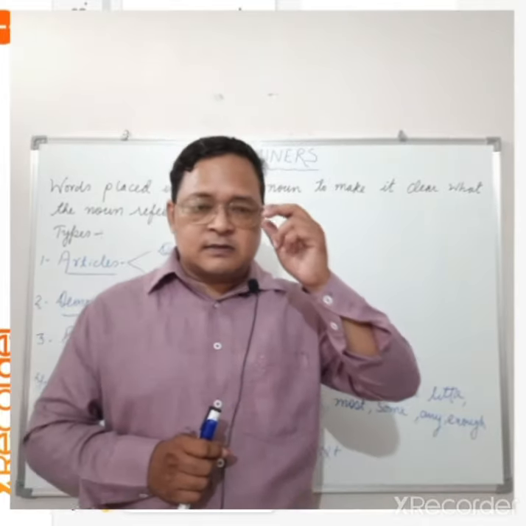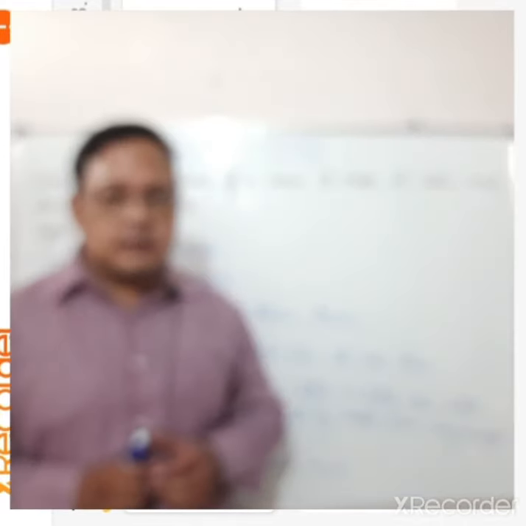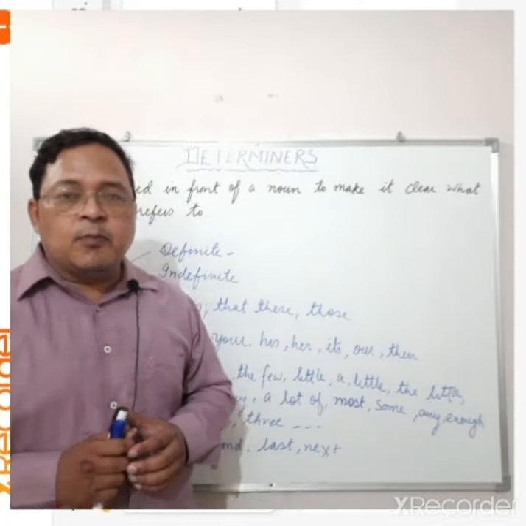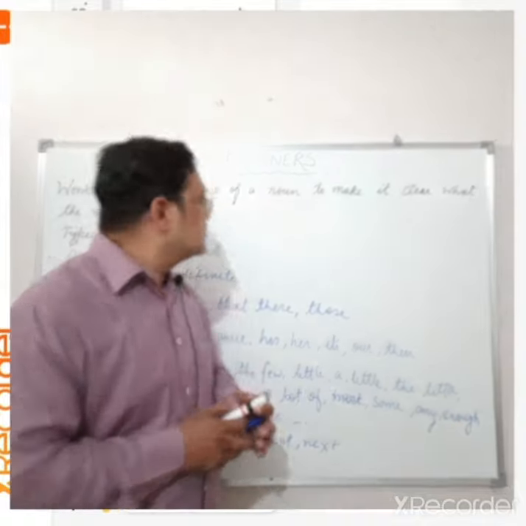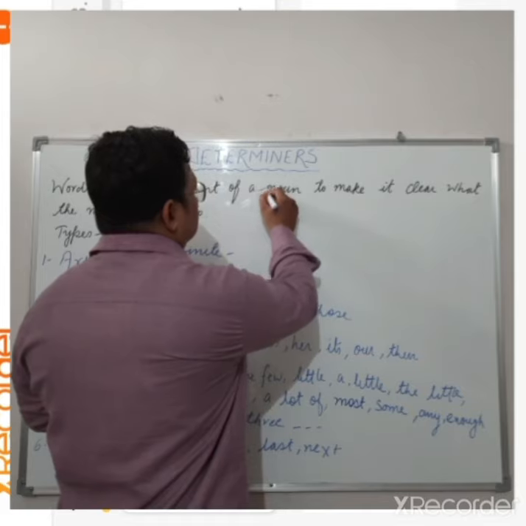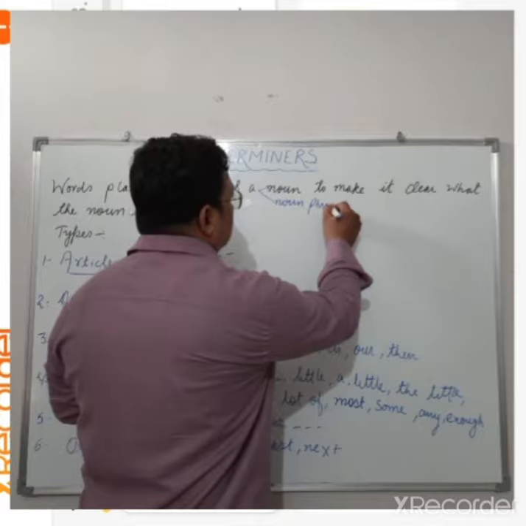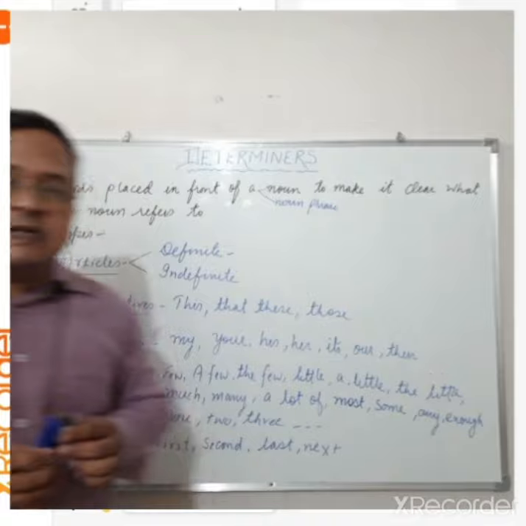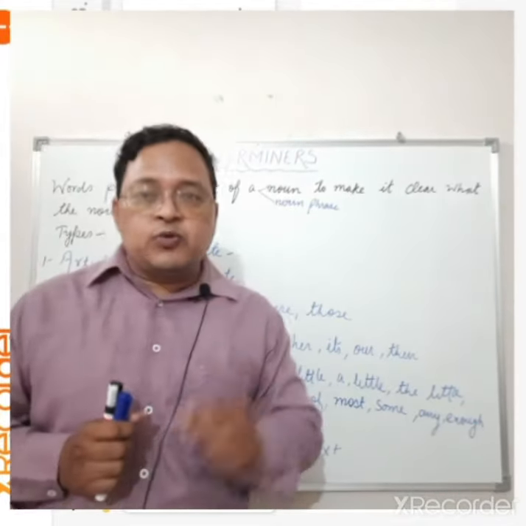So determiners, according to English grammar, are words which actually modify nouns or noun phrases. And these determiners tell us what the noun is going to tell you.